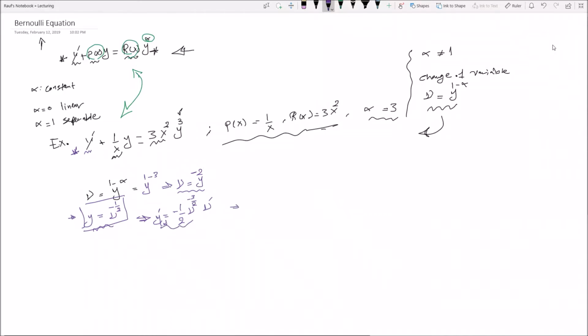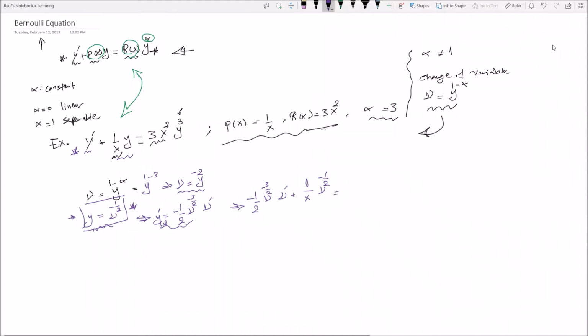So the equation becomes minus 1 over 2 nu to the power of minus 3 over 2 multiplied by nu prime plus 1 over x multiplied by y, which is nu to the power of minus 1 over 2, the value in the box in here, right?